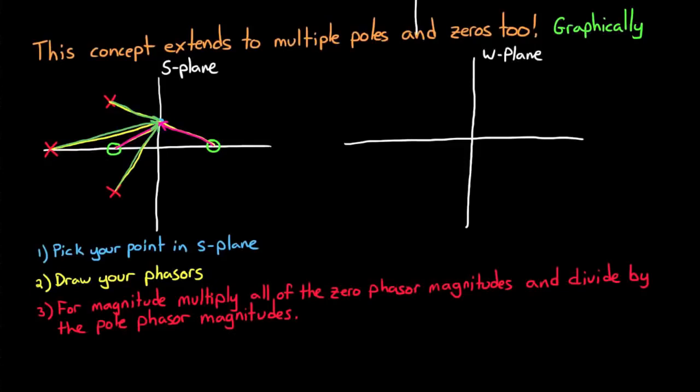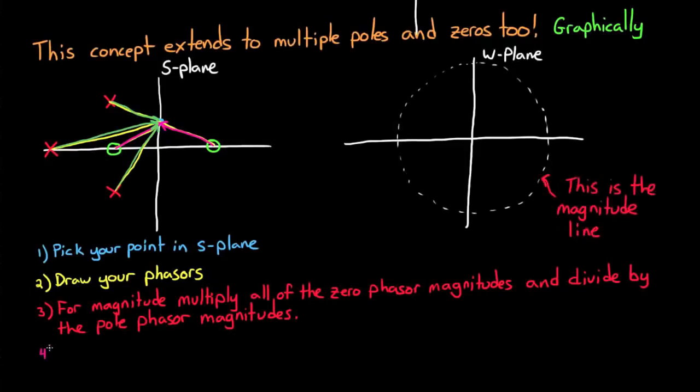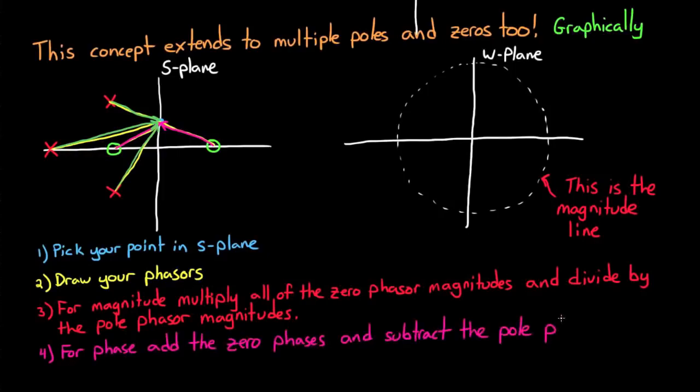This resulting magnitude sets the length of the phasor in the w-plane. Step 4 is to determine the phase by adding the phase of all of the zeros and subtracting the phase of all of the poles. So in our case, we'd add the 2 blue angles, subtract all of the orange ones, which just by eyeballing it looks like the phase would be just greater than 90 degrees, and so it would be here in the w-plane.